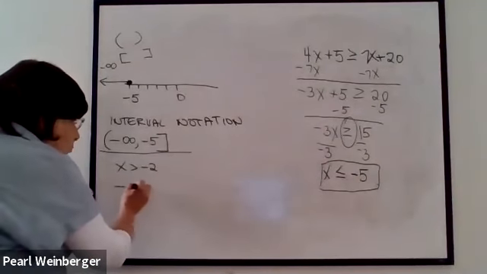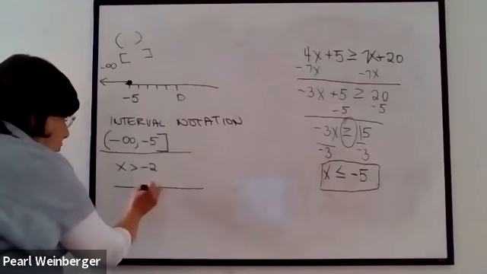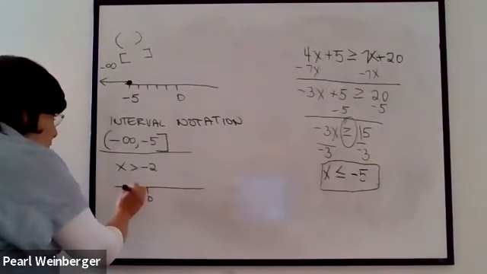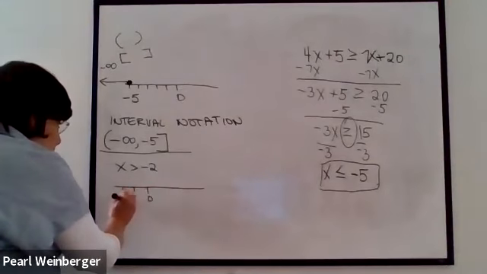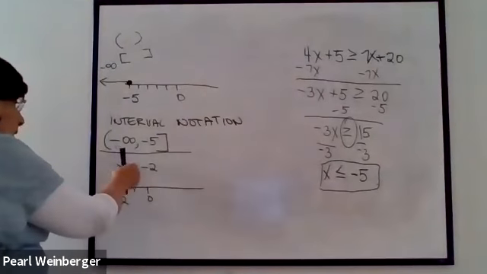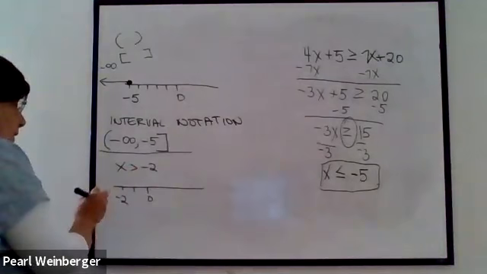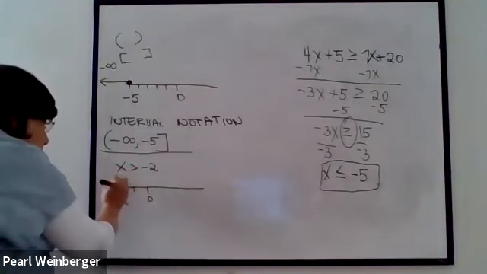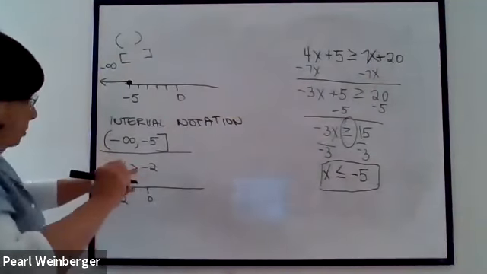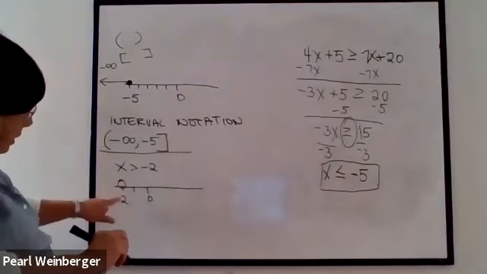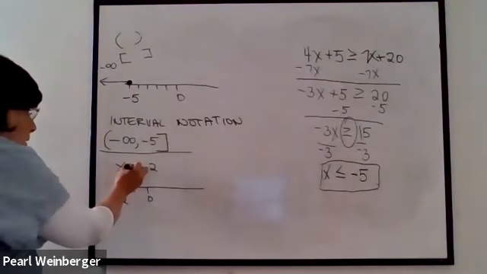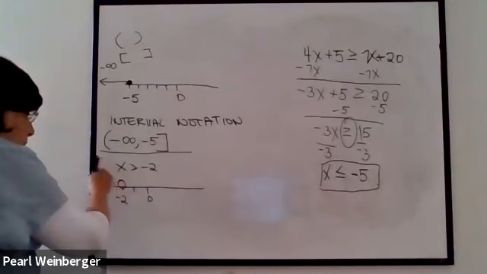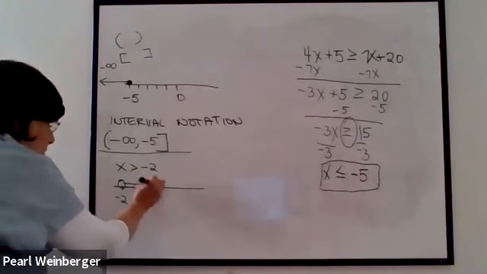We go to -2 on our number line, which is right here. It's an open circle because there's no equal sign. The -2 is not included. And it's greater, which means it's going to the right.